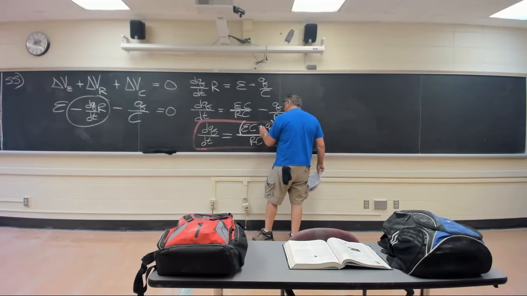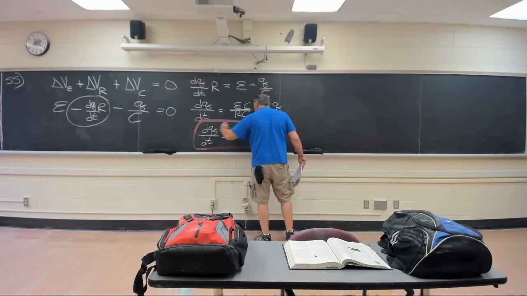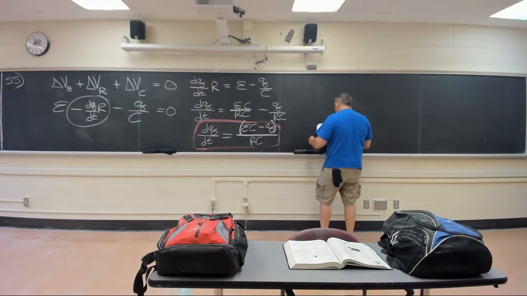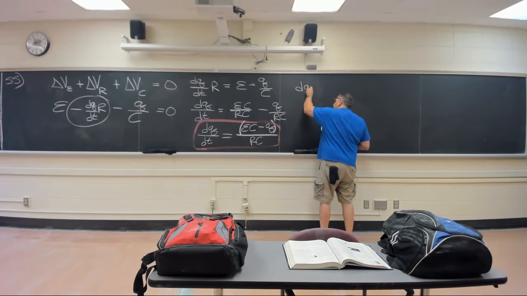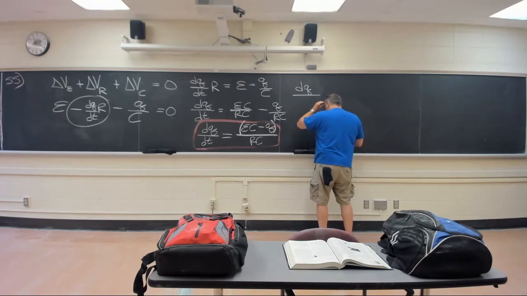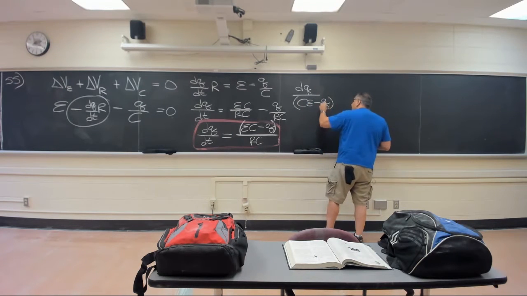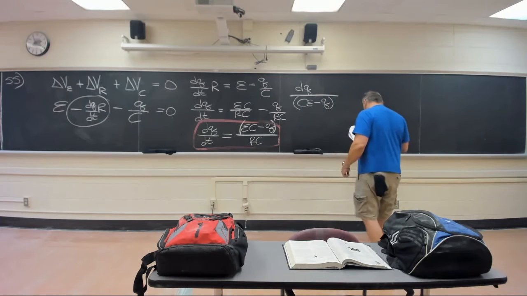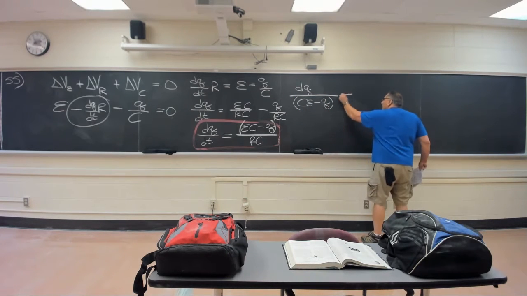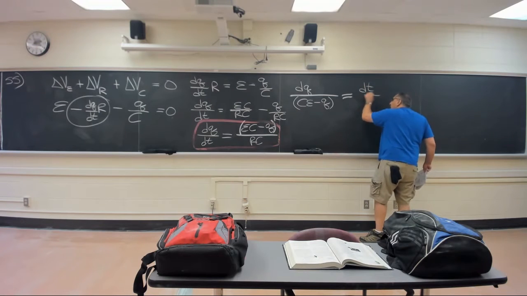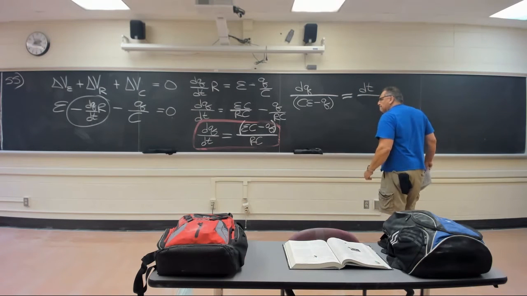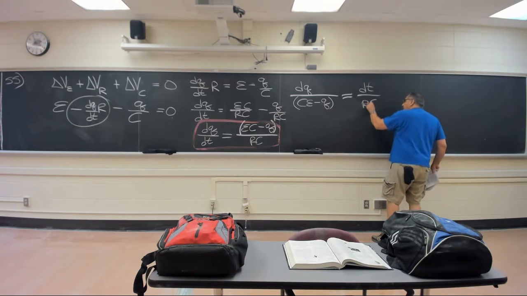So basically you divide by the quantity epsilon C minus Q on each side, and after you're done, you multiply by dt on each side, and you end up getting dq over (C epsilon minus Q) equals dt over RC.